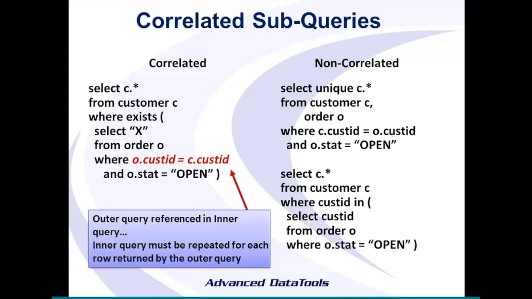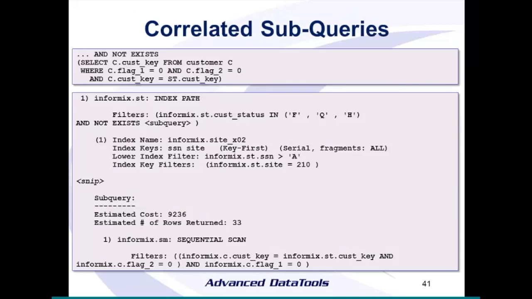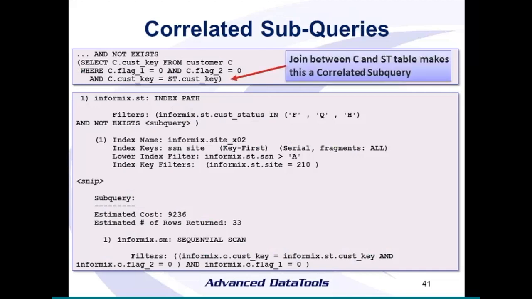Let's take a closer look at a correlated subquery and see what the query plan looks like. Here we're using a not exists. And inside the subquery, we've got a join. Here we're reading from the customer table, but we're joining to the ST table. Looking at the query plan, we'll see now a subquery section.